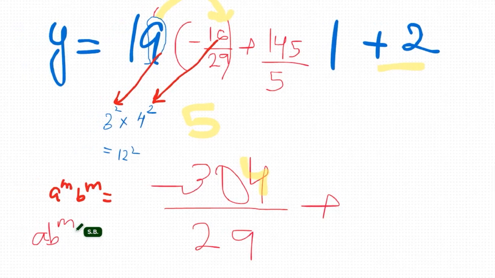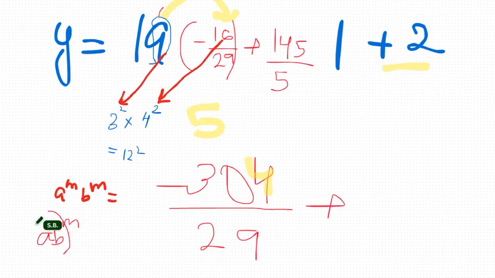I have to put the brackets. So basically a squared into b squared means (ab) whole squared.